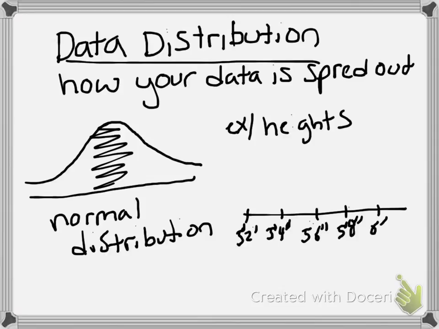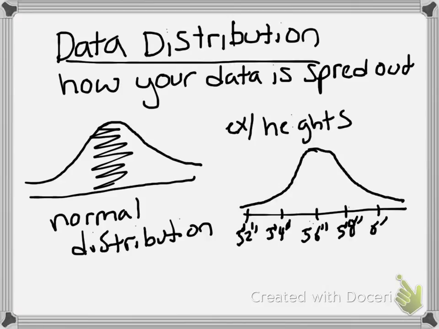If we were to think about where this data is spread out, if we were to take everybody at High Brighton High School and plot where everybody's height was, our data is going to end up in this normal distribution. A majority of students are going to be around 5'6" or so, and it's going to start teetering down.